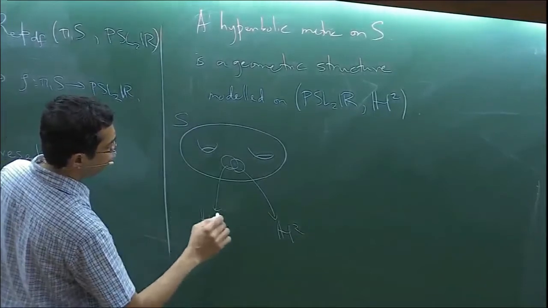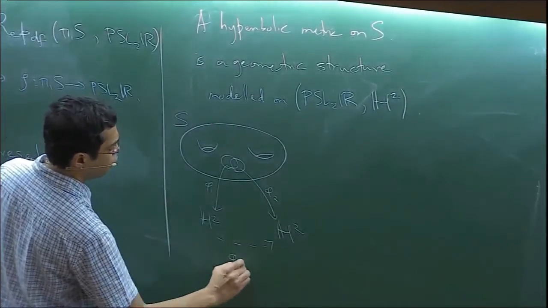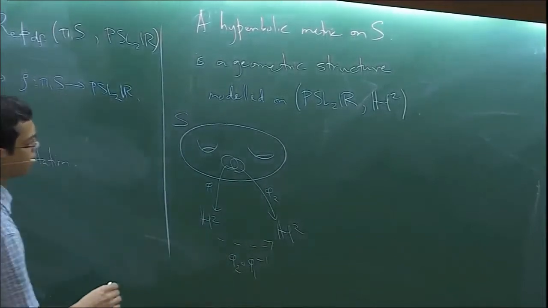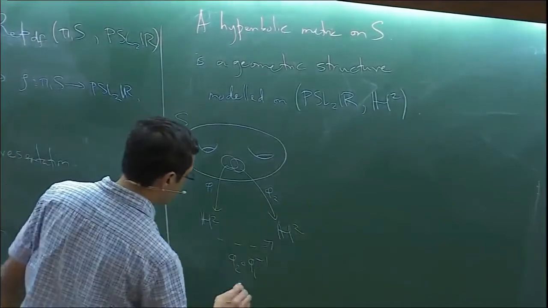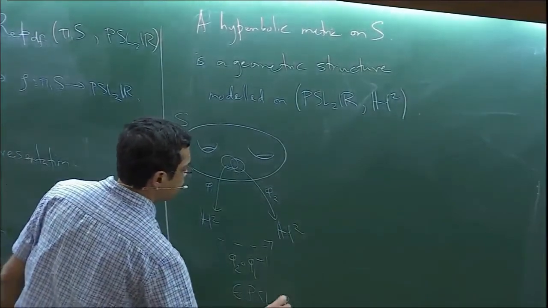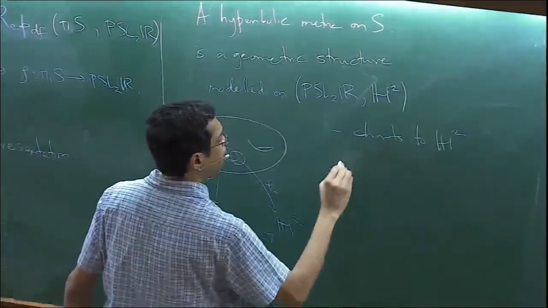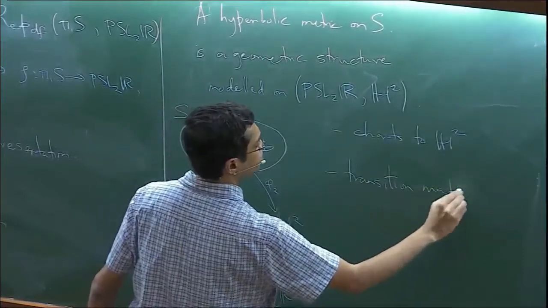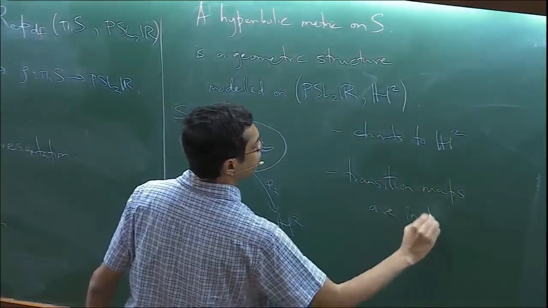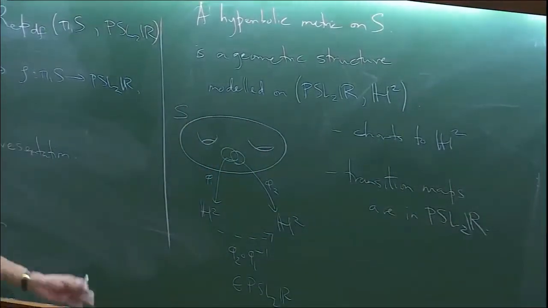On the overlap, suppose you have two charts phi1, phi2. Then phi2 phi1 inverse is defined on the overlap, and these are elements of PSL2R. So there are charts to H2 and transition maps which are restrictions of elements in PSL2R. That's what a hyperbolic metric really is. It's a geometric structure.